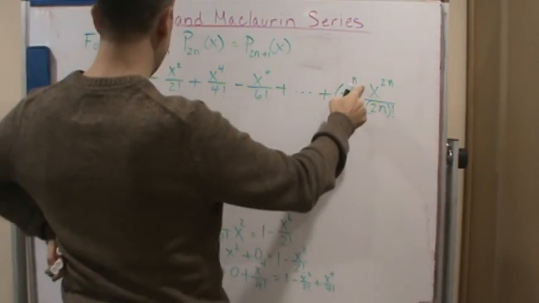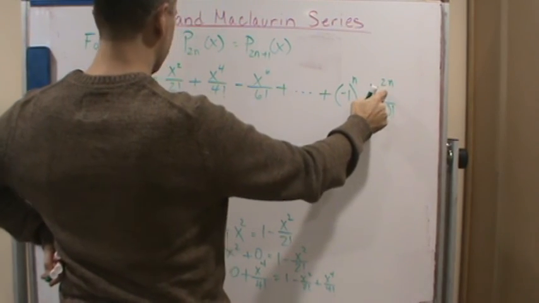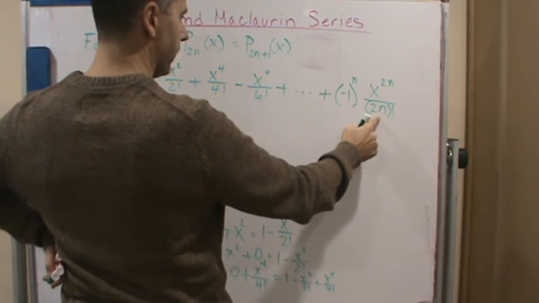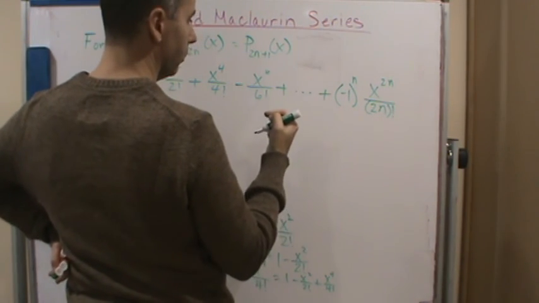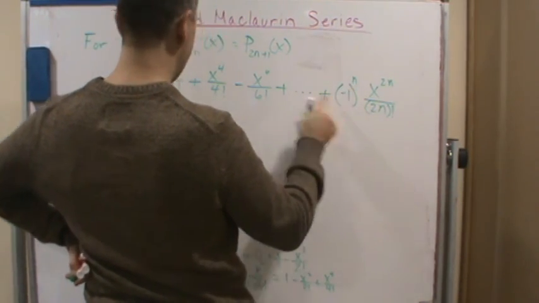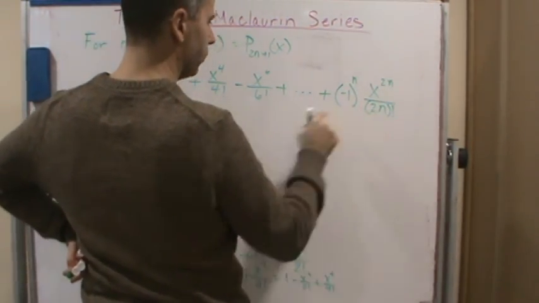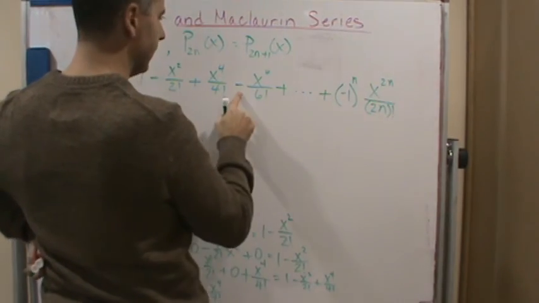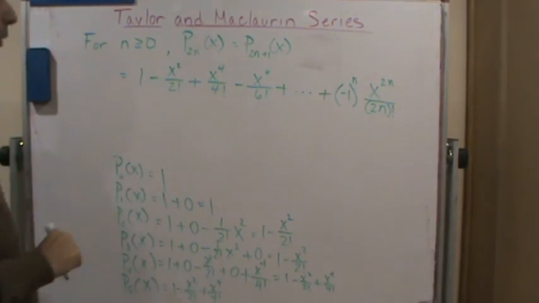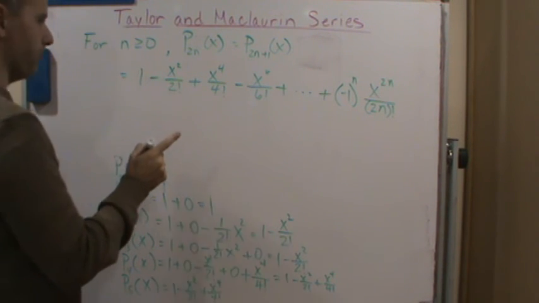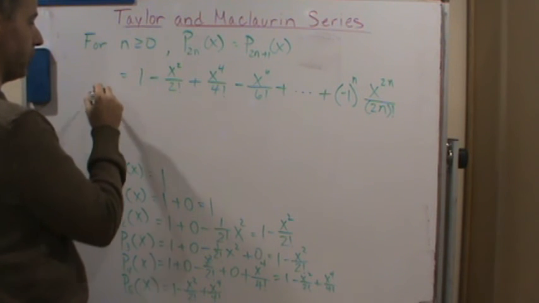When n is 1, I get negative, so that gives me a minus, and then this is going to be x squared over 2 factorial. And when n is 2, I get a positive, and this is going to be x to the 4th over 4 factorial. When n is 3, I get a negative. This will be x to the 6th over 6 factorial. Okay, so that works. Okay, so now I'm going to write this as the nth term.